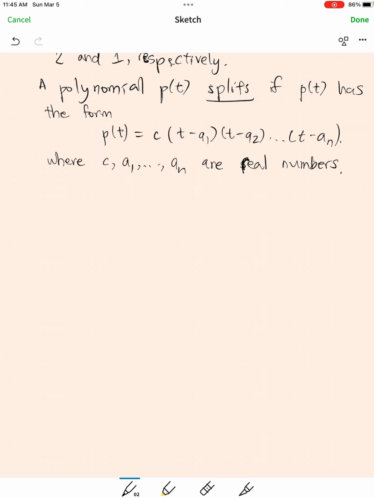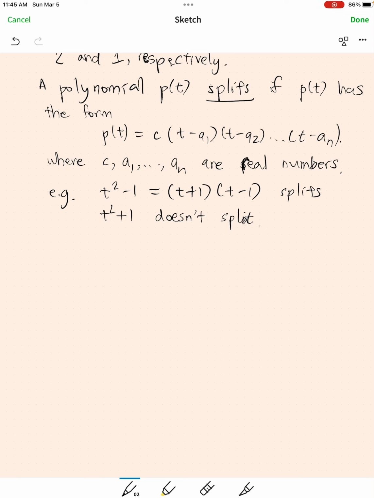So let's just do a quick example. So this polynomial t squared minus 1 is (t plus 1) times (t minus 1). So it splits. But if you have t squared plus 1, that doesn't split, because you can't factor this completely.